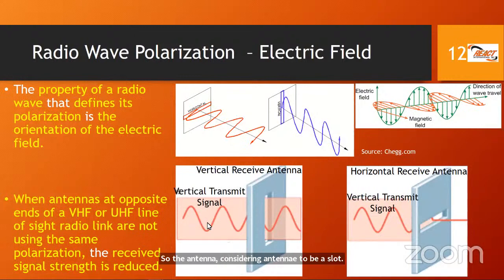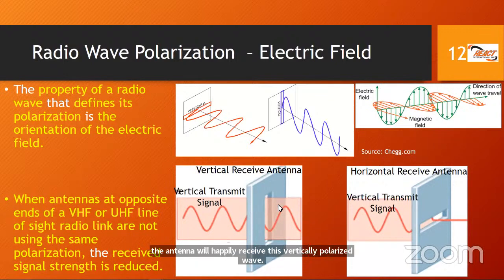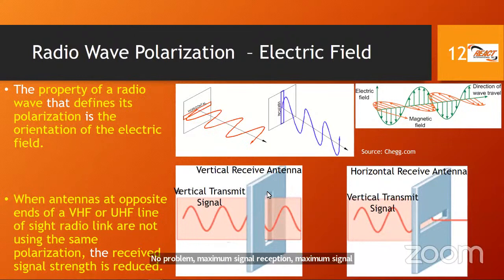The antenna will happily receive this vertically polarized wave. No problem. Maximum signal reception, maximum signal transfer. Because the signal is vertically polarized and the slot here is vertically oriented, it receives it maximally. But imagine you have a situation here on the other side where your signal is vertically polarized.